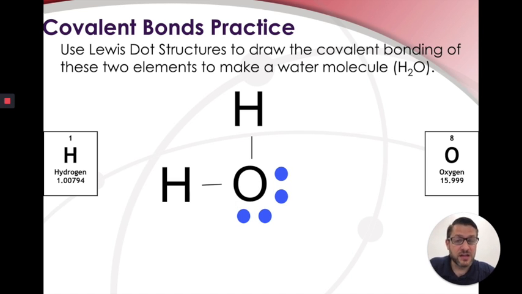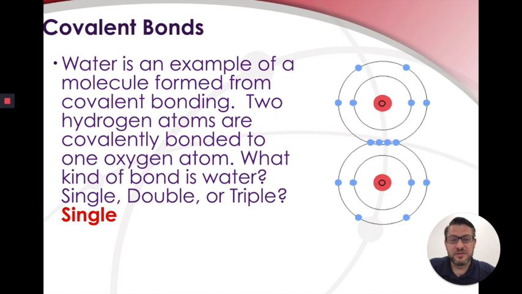So each line represents a pair of electrons. So if we were to draw an oxygen molecule with 2 oxygen atoms with a double bond, you would draw 2 lines instead of 1. So to answer the earlier question, what kind of covalent bonds does water make? Well, it makes single bonds because each hydrogen is sharing 1 pair of electrons with that oxygen.